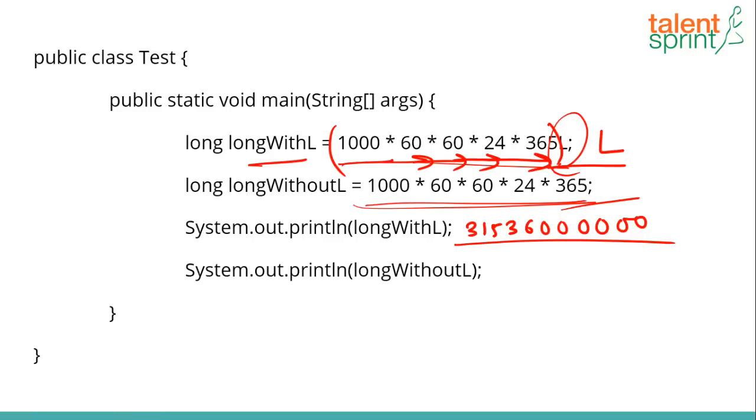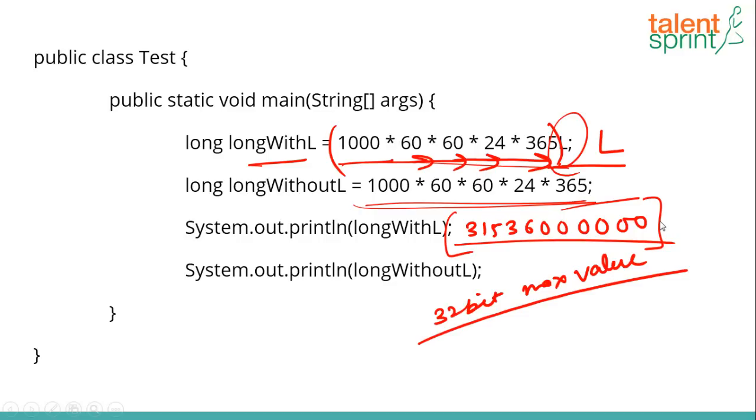But in the other case, since there is integer multiplication happening, and integers can hold less amount of data than a long variable can hold, correct? So when the data goes beyond the boundary of integer, it truncates it to 32-bit max value. So this could change from compiler to compiler, but the value would not exactly come out as the multiplication because this will be truncated.